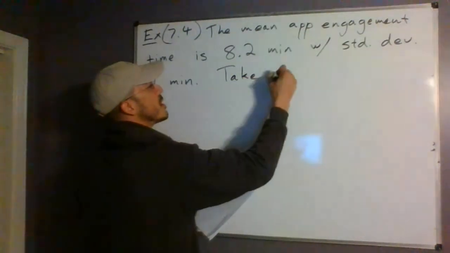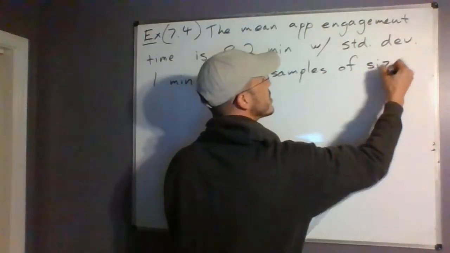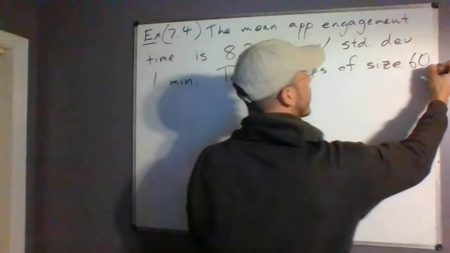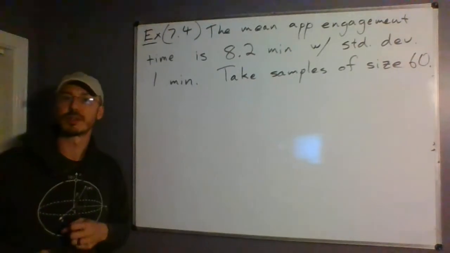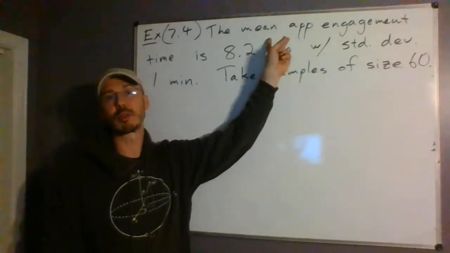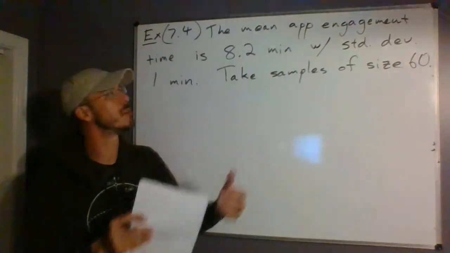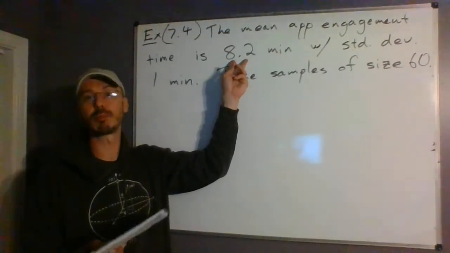Take samples of size 60. So samples of 60 app users, and we look at the app users' average engagement time with how much time they use the app. On average, an app is used for 8.2 minutes.